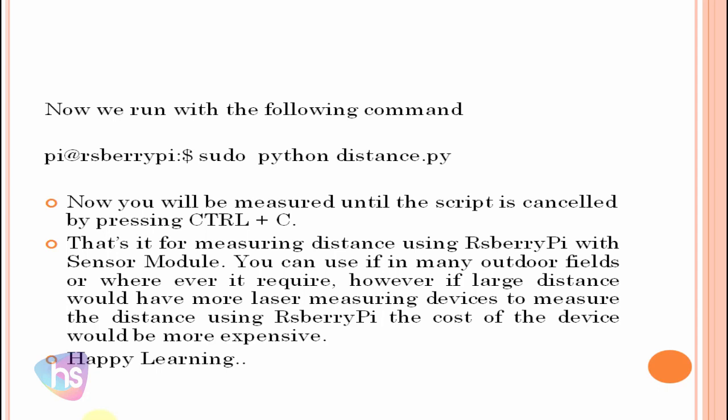This sensor is good for about 4 to 5 meters only. If you need larger distances, you simply buy a long-distance sensor and attach it to this Raspberry Pi device. The rest of the program is exactly the same.